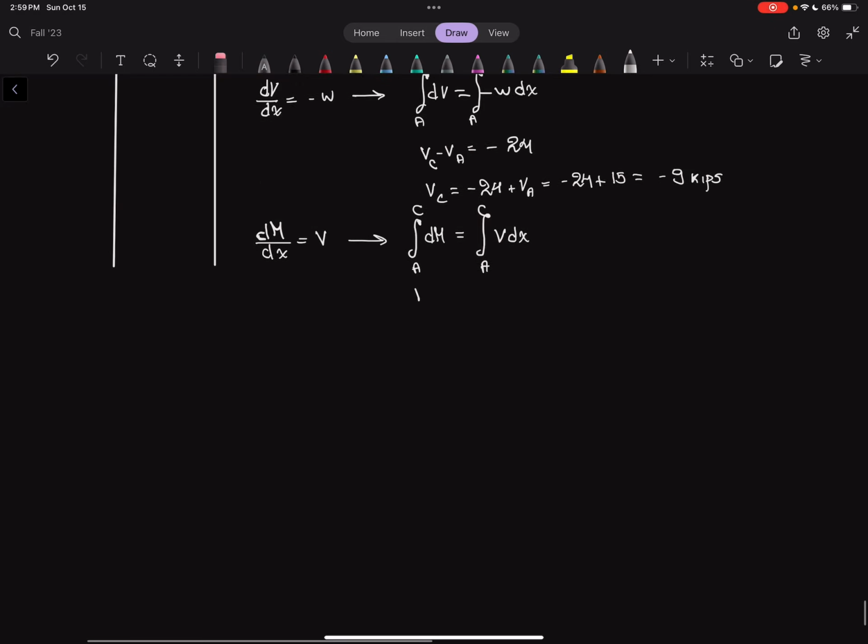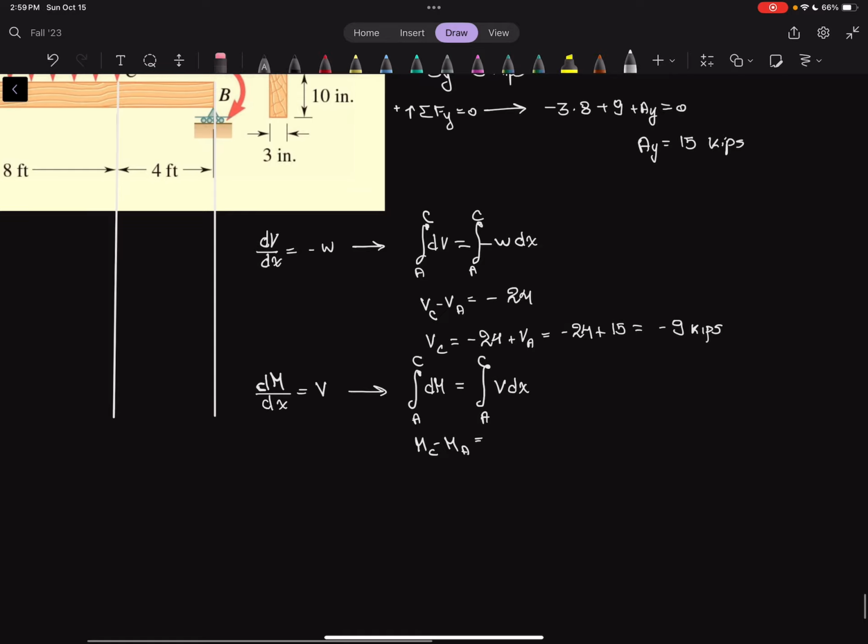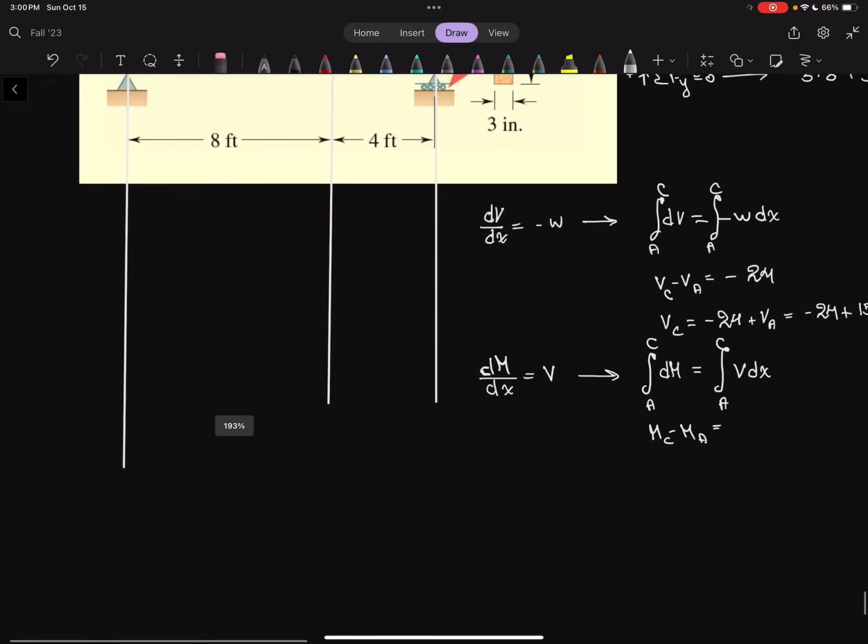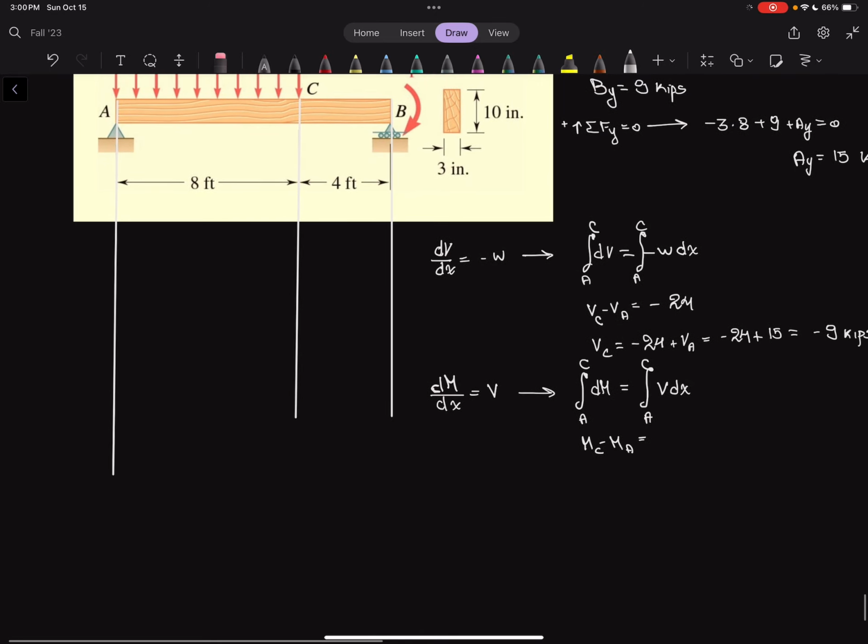And now we're going to get MC minus MA, which equals the area under the shear curve. So we need to plot the shear first. So let me do that.